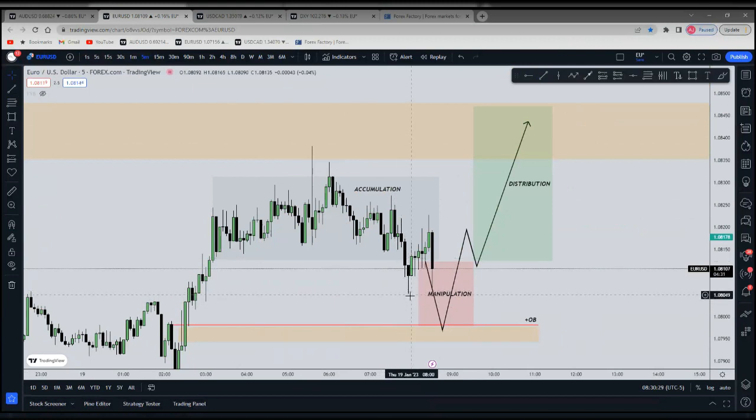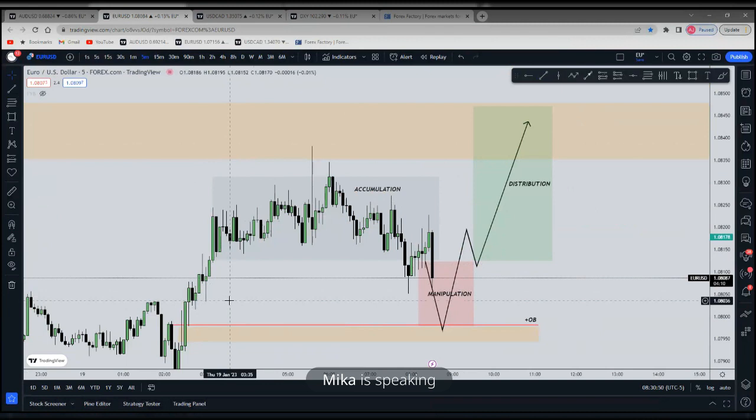Even if it only takes out this low, that would be good enough, because that's the sell side liquidity that they would be pairing the buys with. People selling in premium, and there are people selling in discount. I like the low to the left as well, because it's around 50% of London, and this is also great.